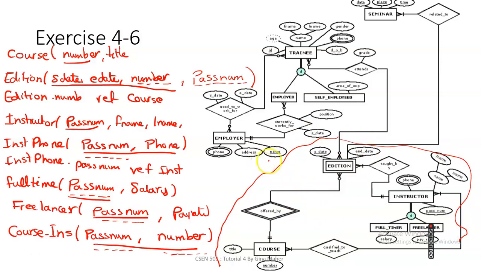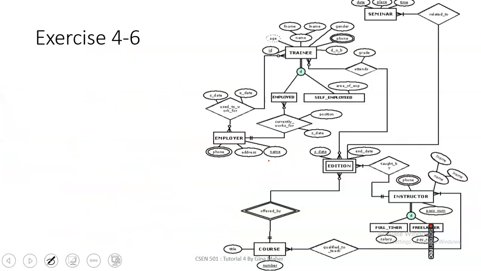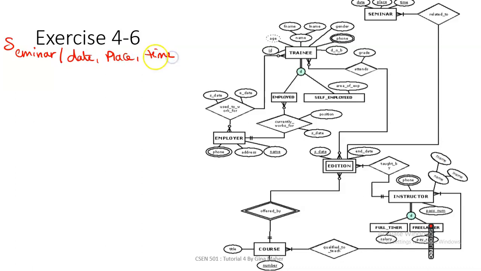Let's move to the other part, which is the employer, trainee, and the seminar. Okay? Seminar has date, place, time, and the three together are the primary key.